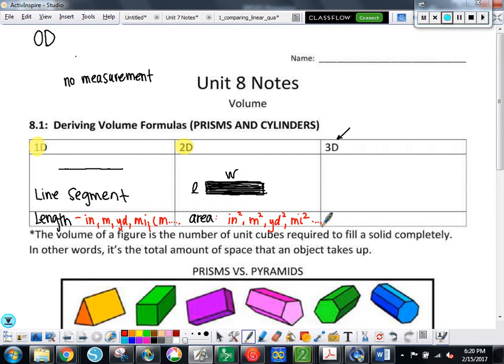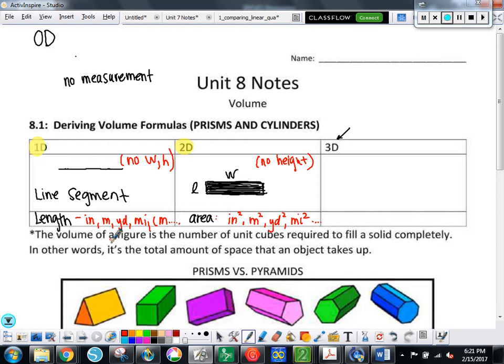But still, if I were to look at it, it is infinitely thin. It just has a length and a width, but there's no height. So this one has no width or no height. This one has nothing at all, so 0 dimension.